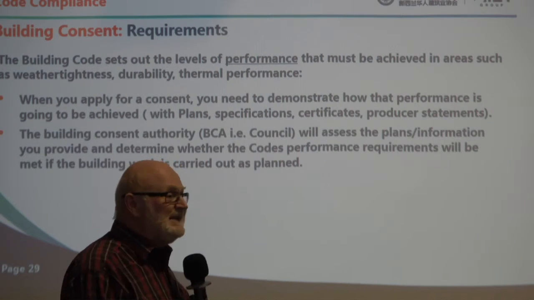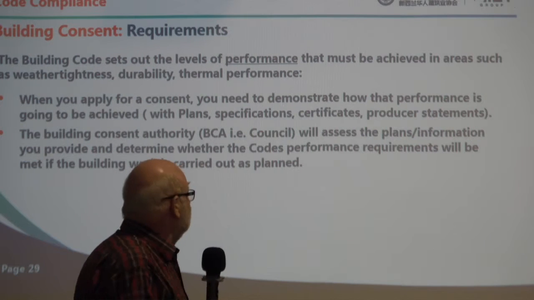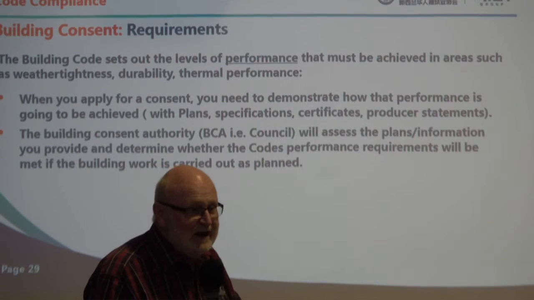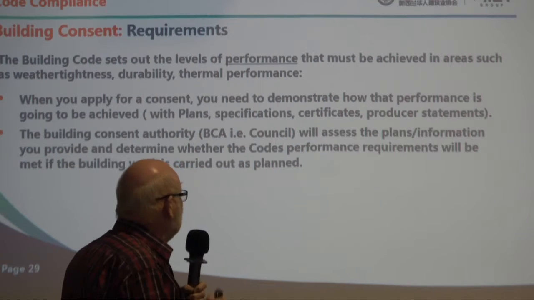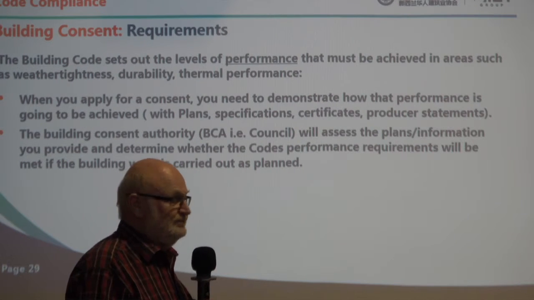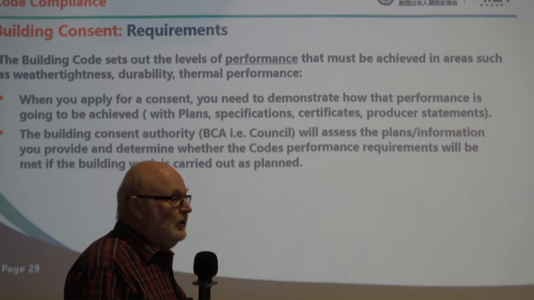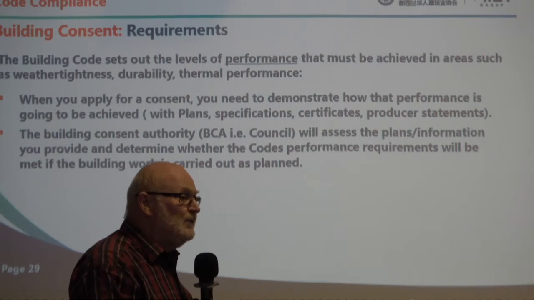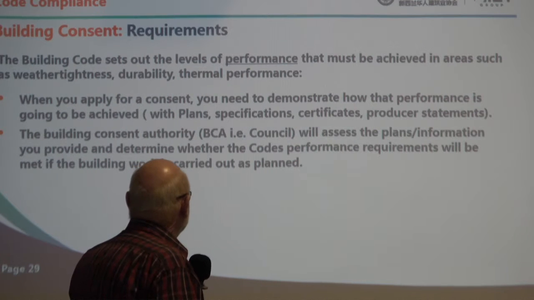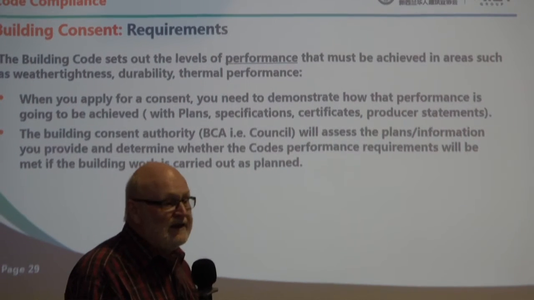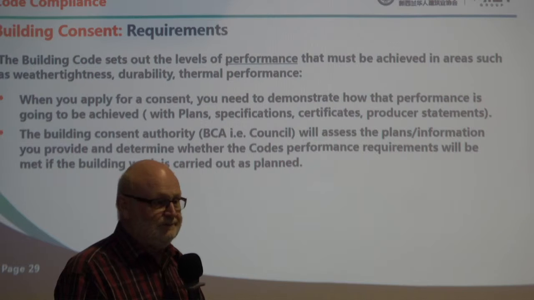The Building Consent Authority, BCA, otherwise known as the council, will assess that information. And they will determine whether your proposal meets the building code, if it's undertaken as you're showing it.